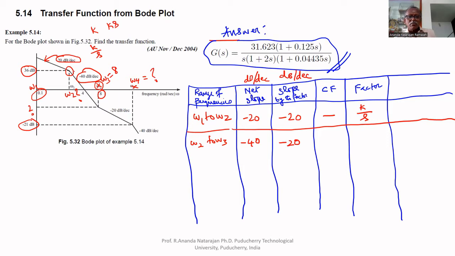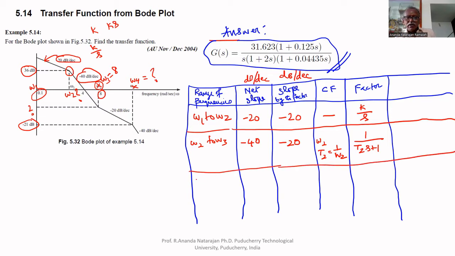The corner frequency is omega 2. Therefore, T2 equals tau 2 equals 1 by omega 2. Therefore, the factor is a negative slope with the corner frequency, so 1 by T2s plus 1. So this is also over.